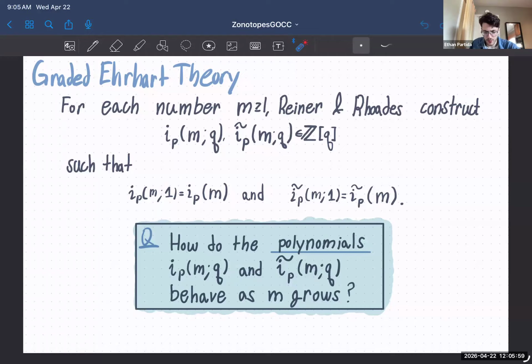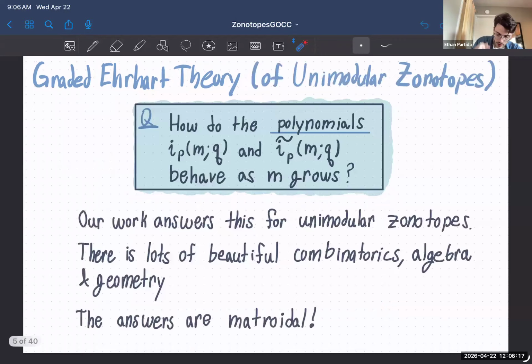And now that you have these polynomials, you can ask the same question that was so fruitful for ordinary Ehrhart theory. You should ask, how do these polynomials behave as I grow m? Now I'm asking a question about a polynomial instead of an actual number. And what I'm going to try to tell you about in the next hour or so is our answers to this question in the case of unimodular zonotopes.